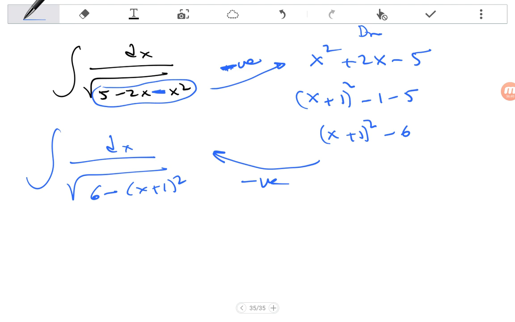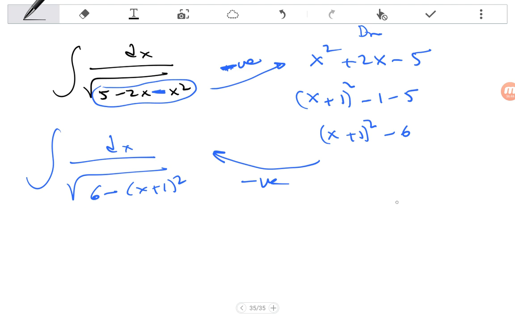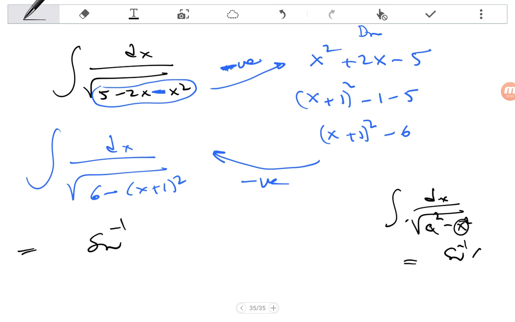So that's the problem here, and it reminds me of dx over root of a squared minus x squared, but what is taking the place of x? It is a linear bracket, x plus 1. So that will be sine inverse x over a, that is sine inverse of x plus 1 over root 6.